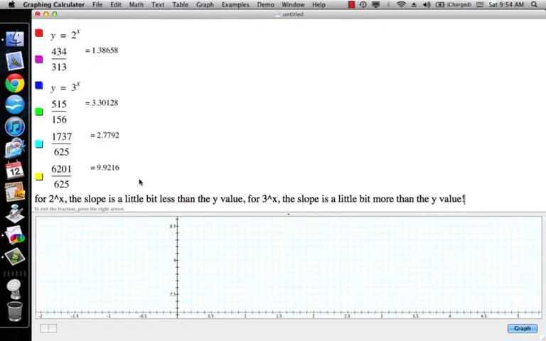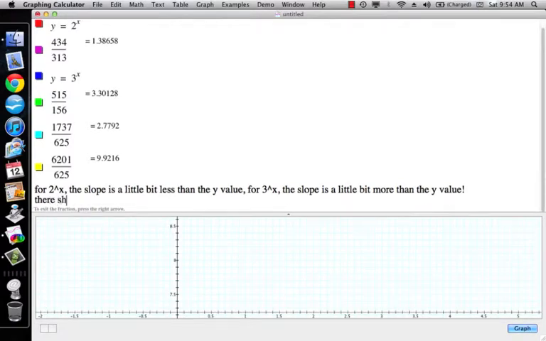And for y equals 3 to the x, the slope is always a little bit greater than the y value. So there should be some number between 2 and 3 where the slope is equal to the y value.